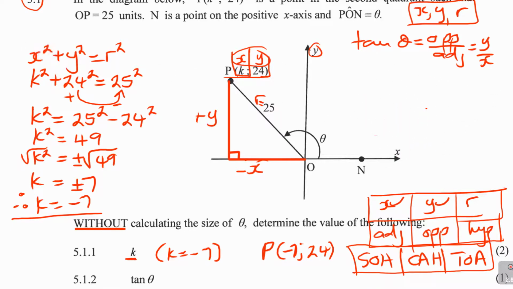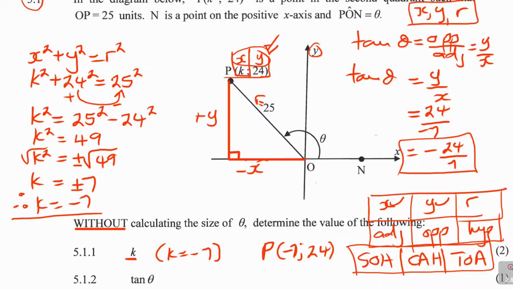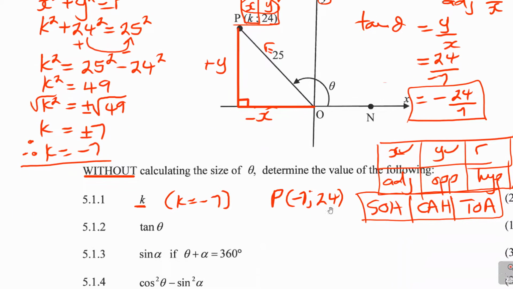So now you can see that tan theta is equal to y over x, and then what did we say was our y? We come back here to say y was what? 24. So it's 24 over our x. We just got x representing k, which is -7. So this is equal to -24 over 7. It just becomes negative. That's your tan theta here. That's why it was just 1 mark.